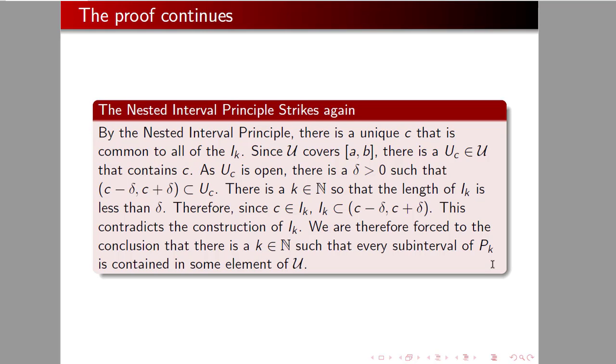Therefore, since C is an element of I sub k, I sub k is contained in C minus delta, C plus delta. This contradicts the construction of I sub k.